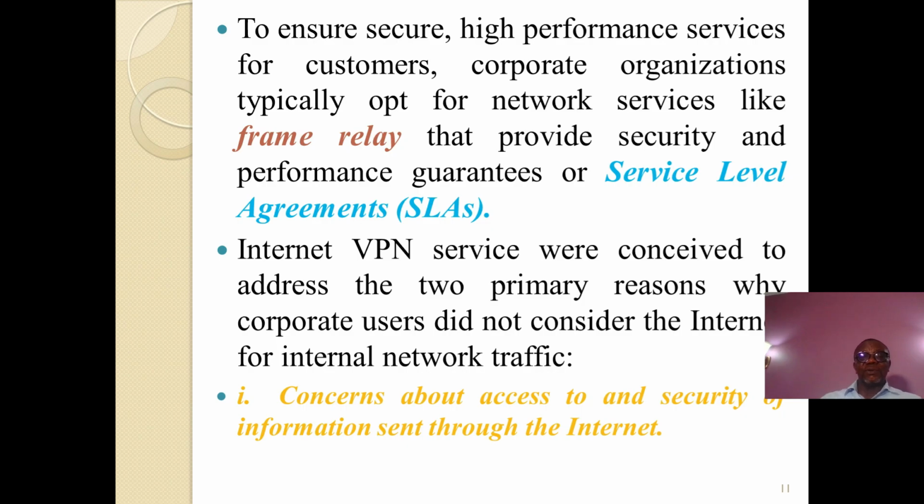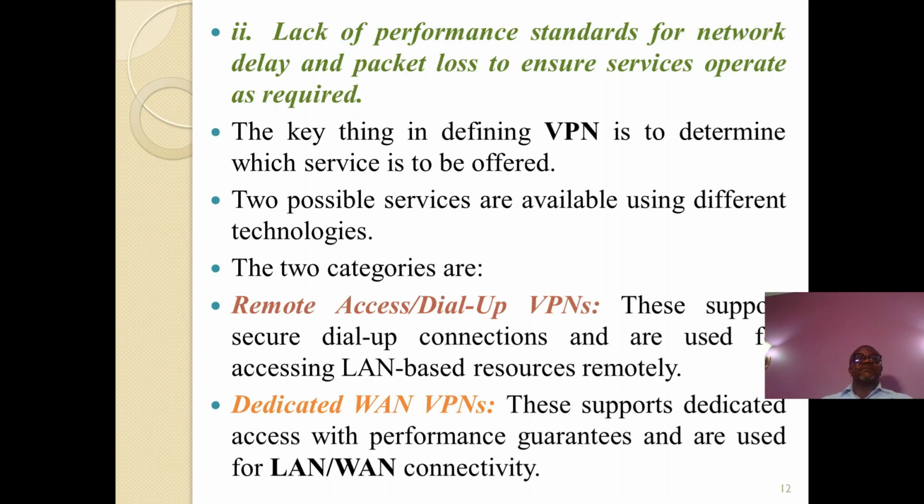So, why do internet users initially refuse to use this? Because there are concerns about access to and security of information sent through the internet. There is also a lack of performance standards for network delays and packet loss to ensure that services operate as required.